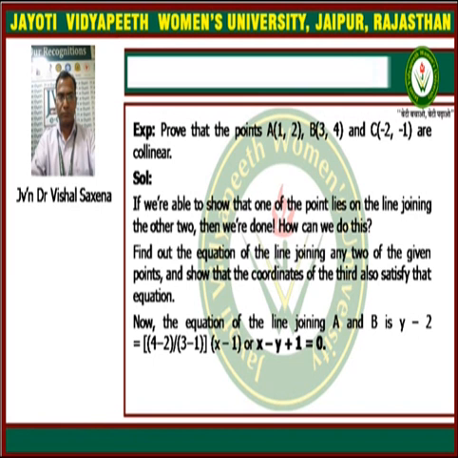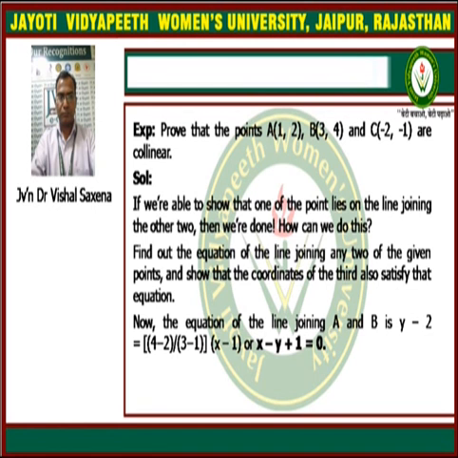So it is shown there, y minus 2 is equal to (4 minus 2) upon (3 minus 1) into (x minus 1), or this is given by x minus y plus 1 equal to 0.